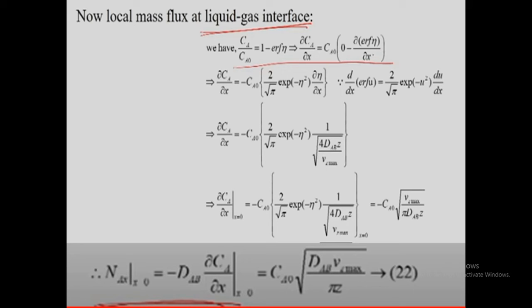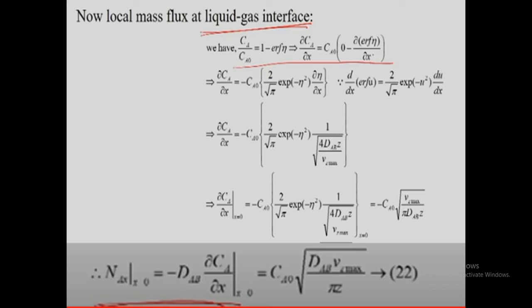What is the final expression here? Minus CA naught, no change; 2 by root pi, no change. What is the exponential term here? Minus eta squared. What is eta? x by root of 4 into DAB into z by Vz max. So here, what is the x value? x is equal to 0. So what do you do here? In the exponential of minus eta squared, substitute the eta value, which contains x.